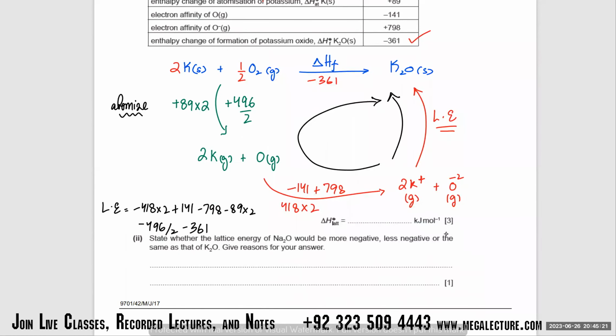Okay, so the answer is minus 2280 kilojoules per mole. Remember, it's around always minus 1000 to 4-5,000. Okay, minus 2280. Okay, two people got this.